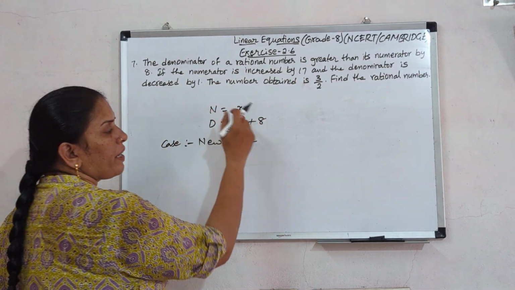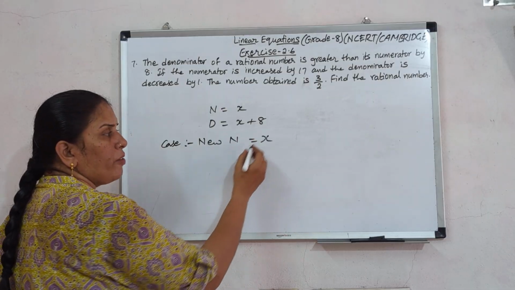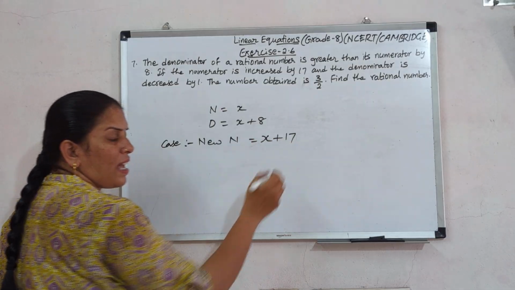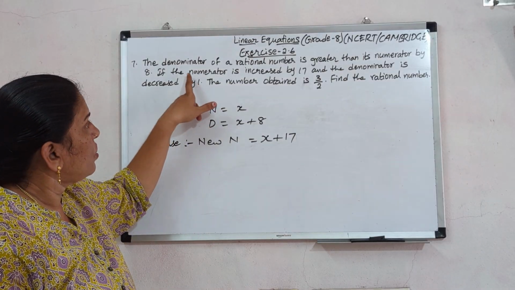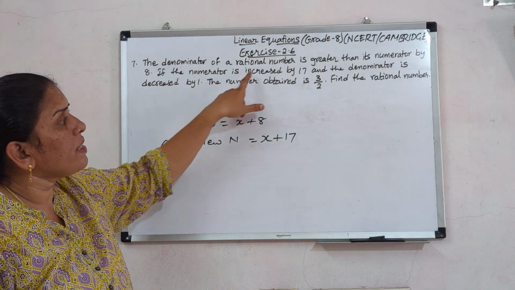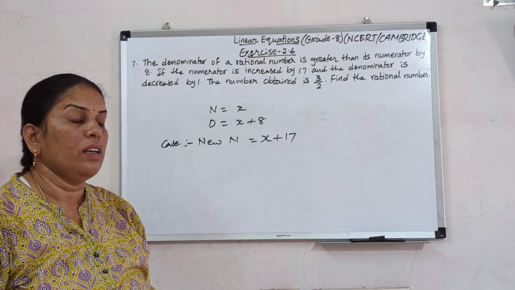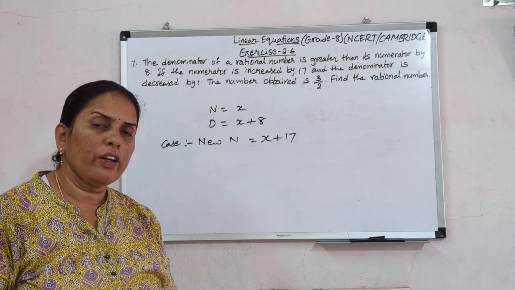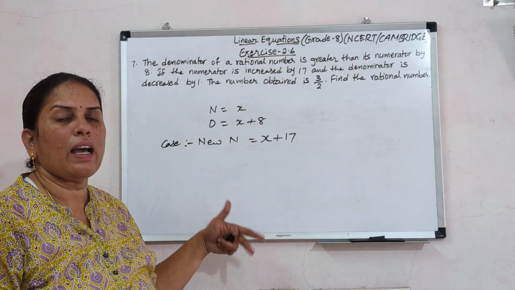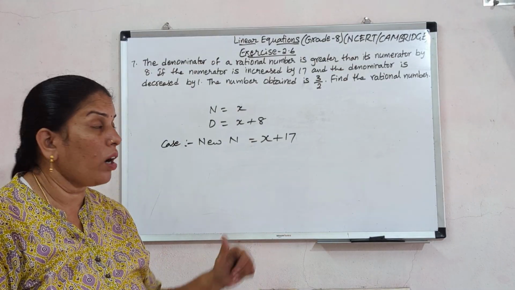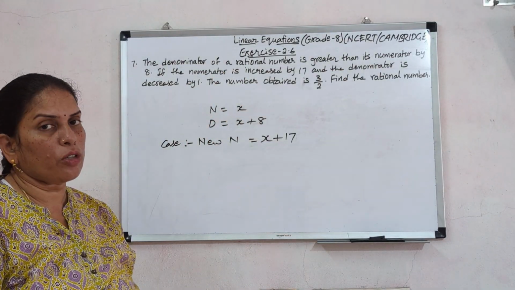What is the numerator here? X is the numerator, so x plus 17. Why am I adding 17 here? In the question they gave, if the numerator is increased by 17, we must add 17 to the numerator. Increasing means adding 17, for the numerator. Understood, ma?